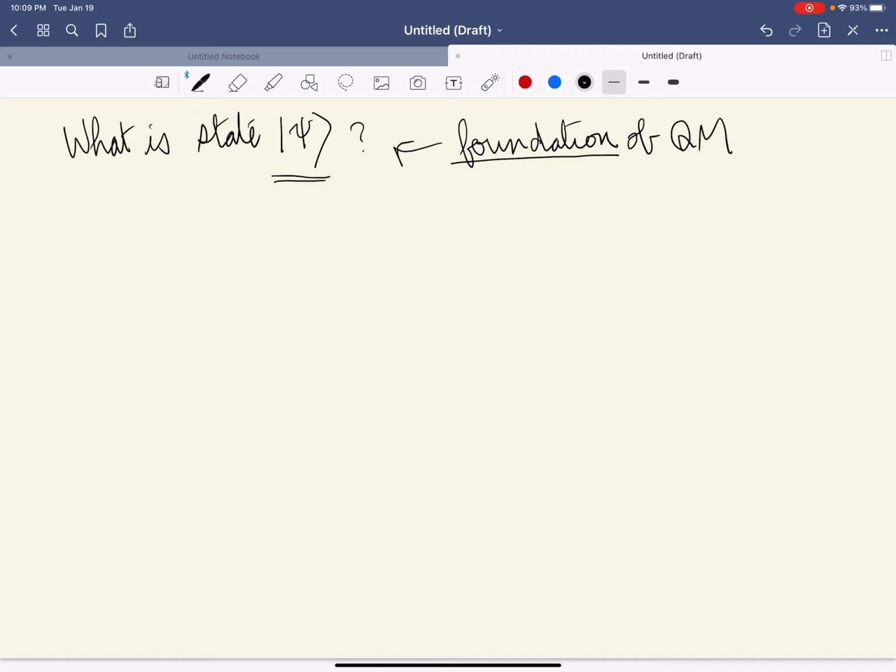So hopefully, maybe this analogy will help you. In Newtonian classical mechanics, so this is sometimes called the Newtonian mechanics, or also sometimes called the classical mechanics, the foundation of the classical mechanics is this thing called the coordinates.